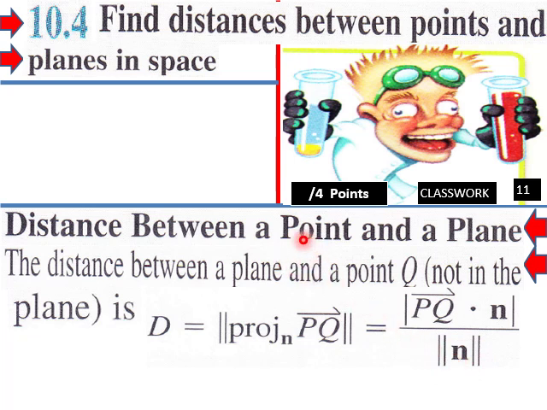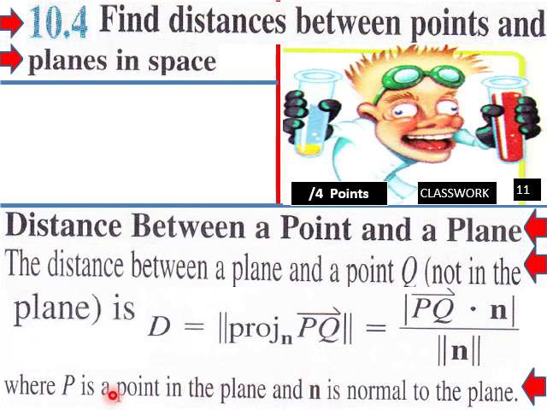So this will give you the distance between a point and a plane, where P is a point in the plane and n is normal to the plane. Remember what normal meant? We went over that in class.